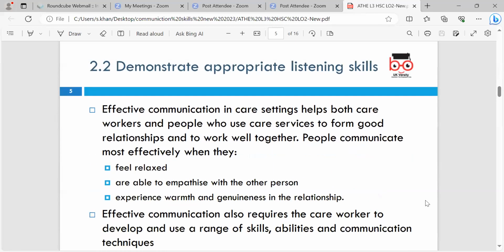So 2.2, demonstrate appropriate listening skills. Why are listening skills so important? Why do you think listening skills are so important in the health and social care profession?